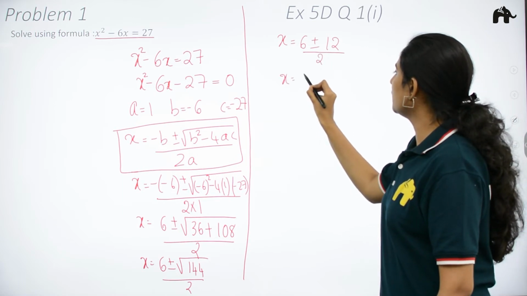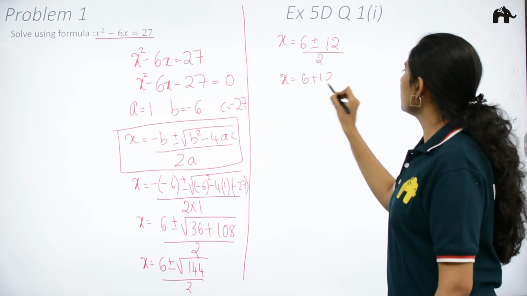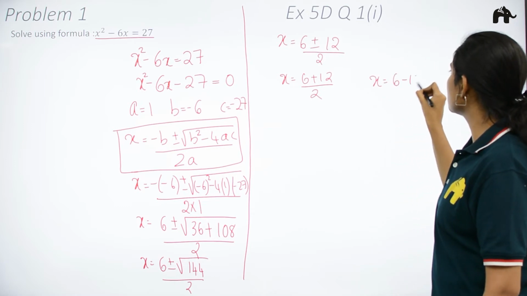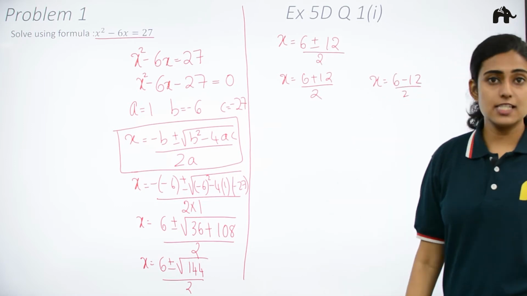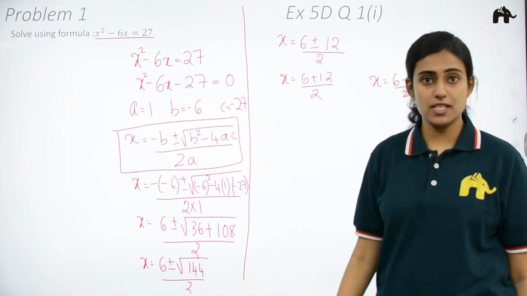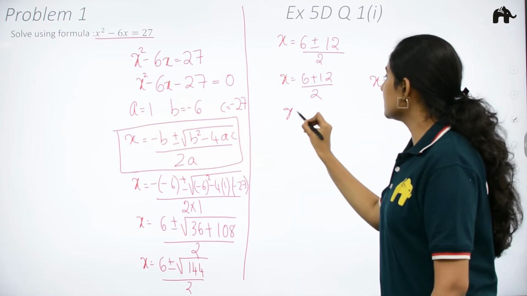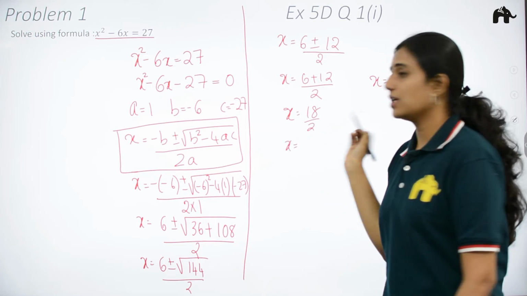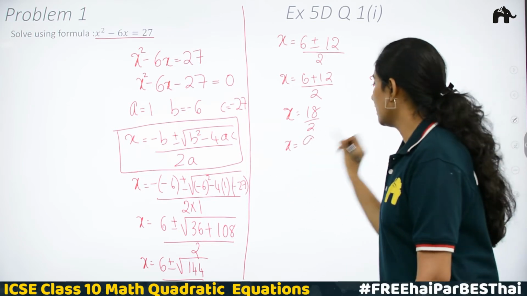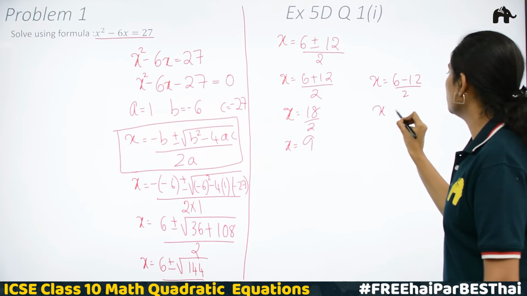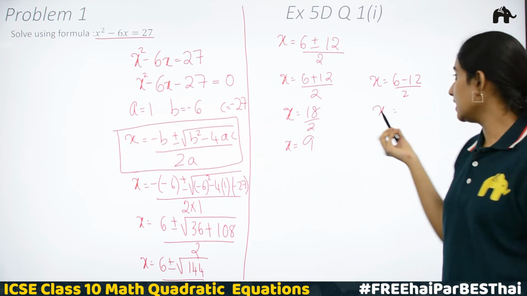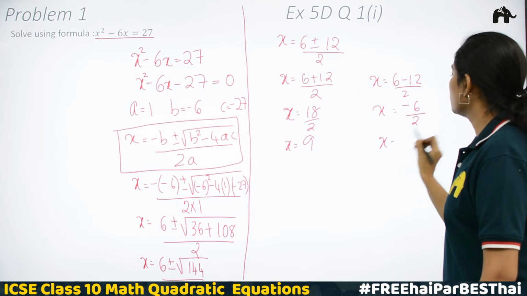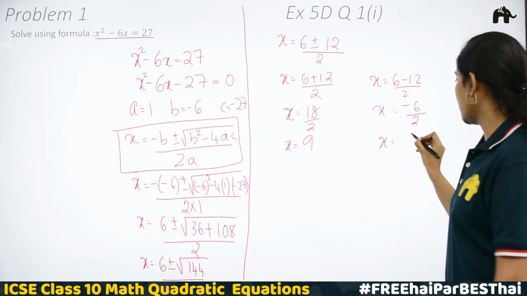X is equal to (6 + 12)/2 or x is equal to (6 - 12)/2. 6 plus 12, 18. X is equal to 18 by 2, which is 9. Or x is equal to 6 minus 12. 6 minus 12 is -6 divided by 2. X is equal to -6 by 2 is -3.